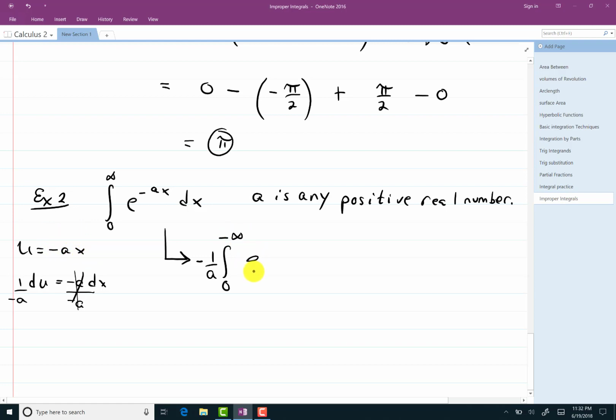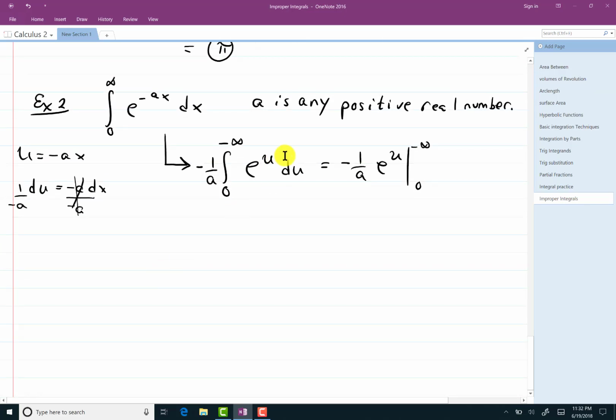And then I'll have e to the u du. Of course, that will equal negative 1 over a e to the u from 0 to negative infinity. If you wanted to, you can flip and take this negative out. Like I can rewrite this as 1 over a e to the u from negative infinity to 0.